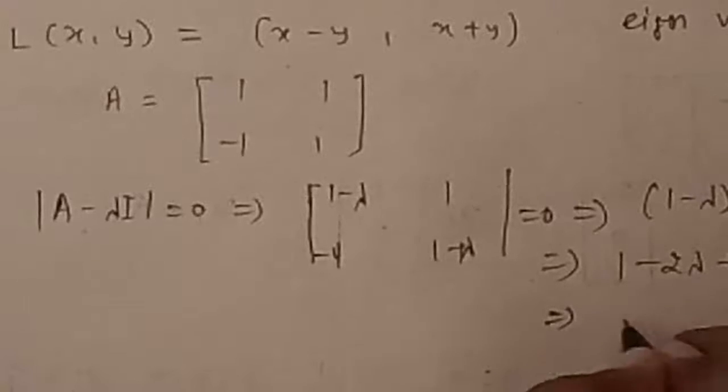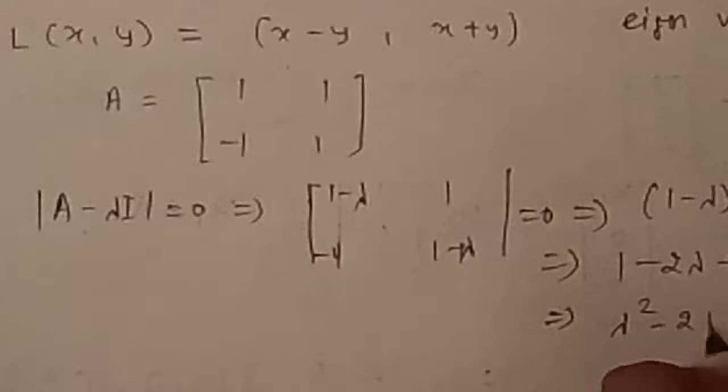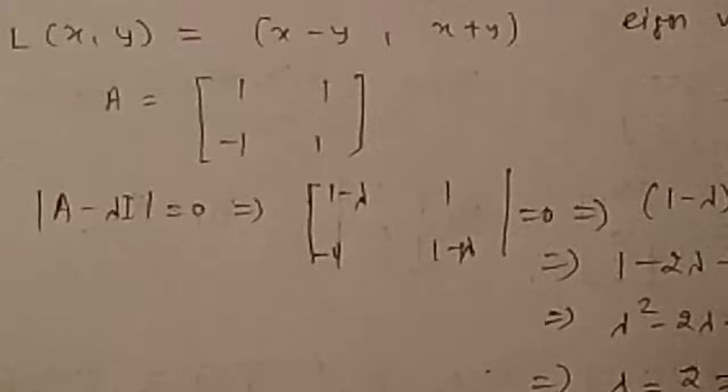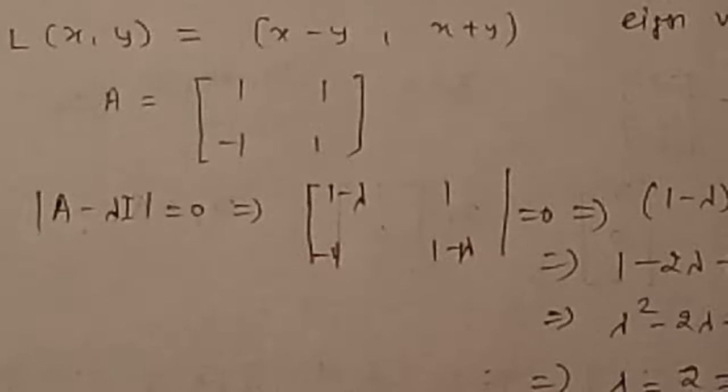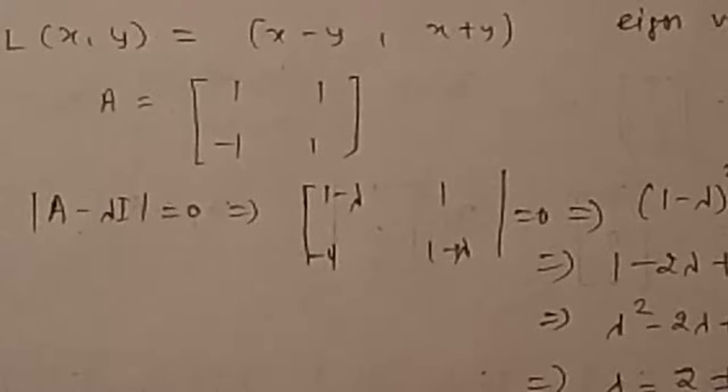On further simplifying, we are getting lambda square minus 2 lambda plus 2 is equal to 0. Lambda is equal to minus b plus and minus under root b square minus 4ac, that is, 2 plus and minus under root 4 minus 8, divided by 2. So this becomes 2 plus and minus under root minus 4 divided by 2. So this becomes 1 plus and minus i.